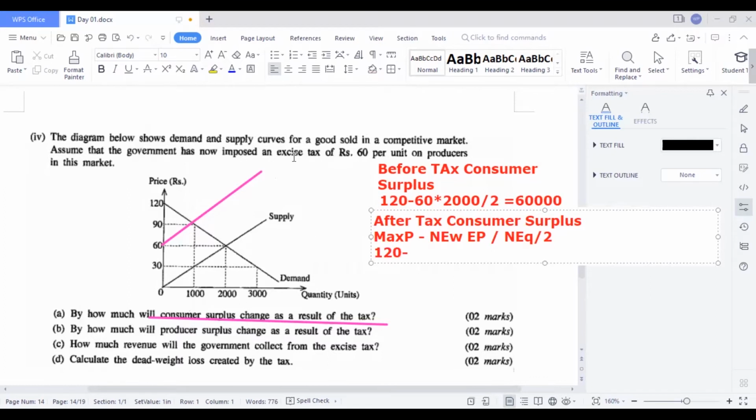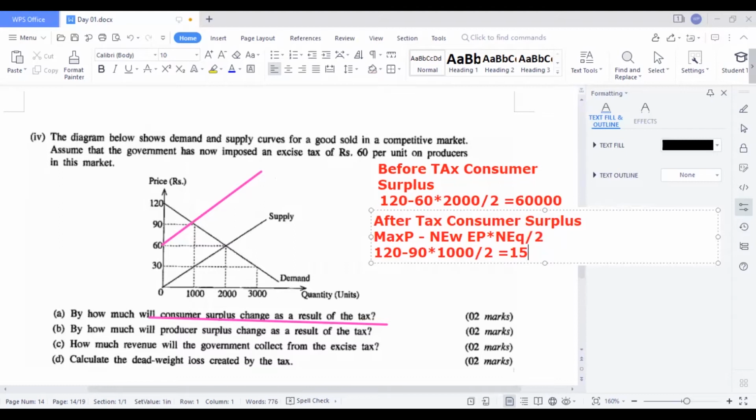Minus the new equilibrium price, which is 90. You guys can see this as 90. Into the equilibrium quantity. How much, guys? The new equilibrium quantity is going to be 1000, because this intersecting line, you can see my cursor, is actually 1000. So I'll take 1000 here, divided by 2. So 120 minus 90 is 30. 30 into 1000 is 30,000, divided by 2 is 15,000.